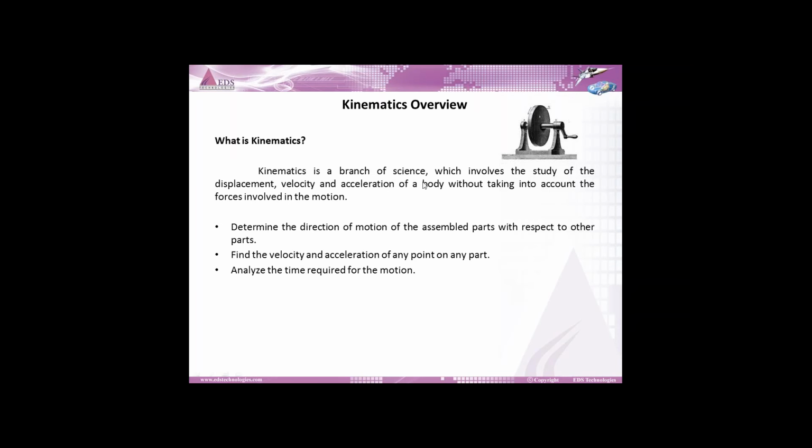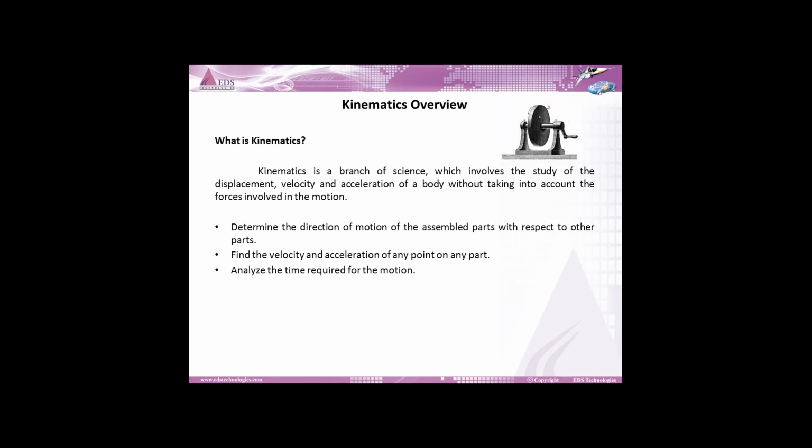When you study an object in motion, you will be able to determine the direction the object is going to move, its velocity and acceleration, and also analyze the time taken for the motion which is going to happen in the assembly. This is the actual thing when you study a body in motion. That is all about kinematics.